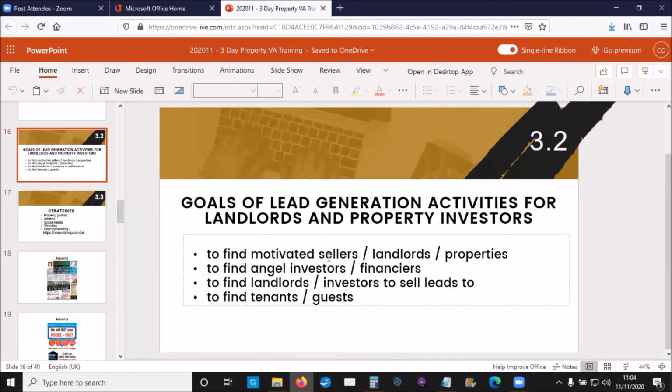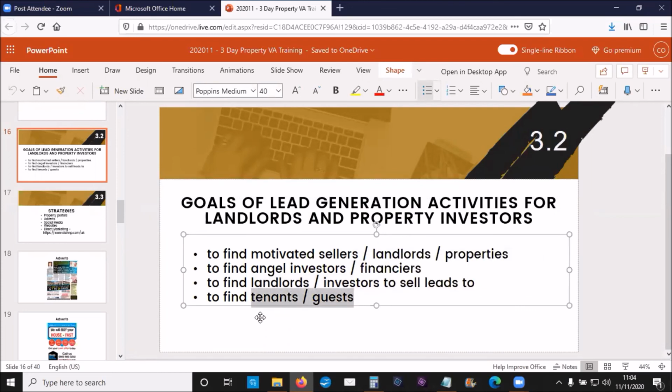Finding motivated sellers and landlords and properties to buy, finding angel investors and people who will want to lend money to the landlord to buy more properties, finding landlords and investors who are looking for deals. And then you've got here finding tenants and guests, okay?